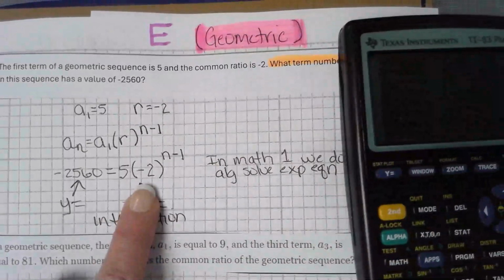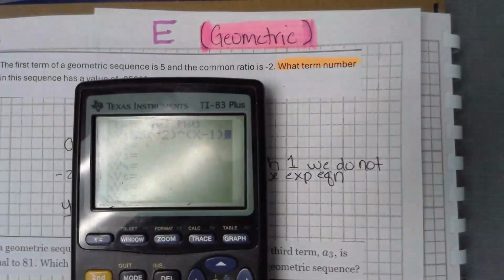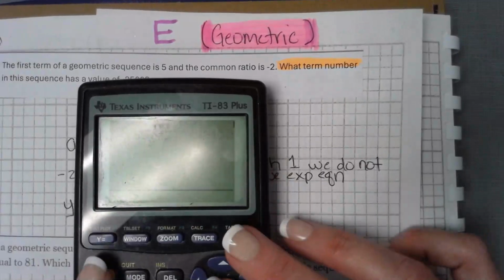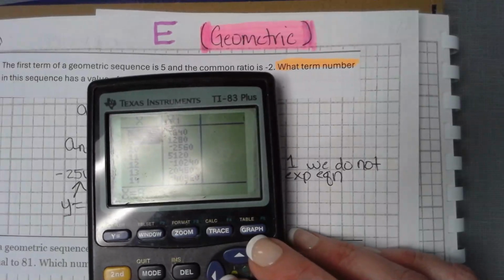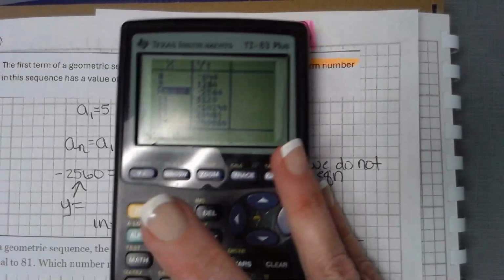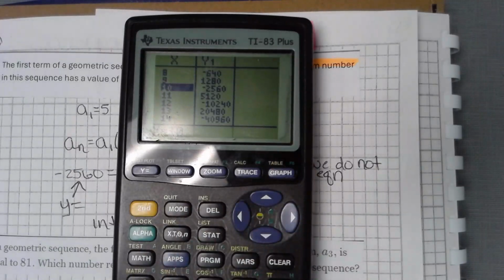Again, I'm putting the right-hand side in there, and I'm using an x. And let's go to our table, and we're looking for negative 2,560. Mine just happened to be right there. So what term number is that? 10th term. In theory, it should work in Desmos. I'll have to look at it and figure out why not. Okay?